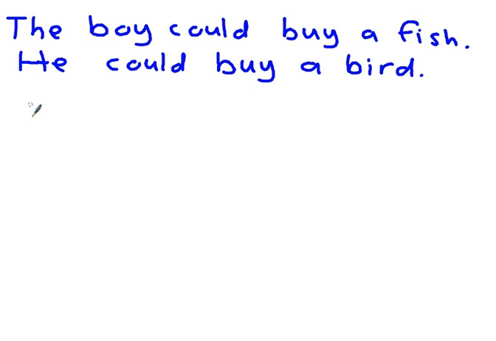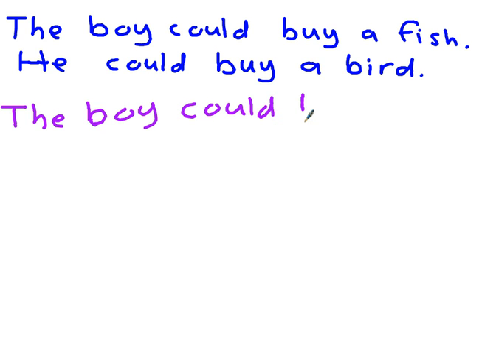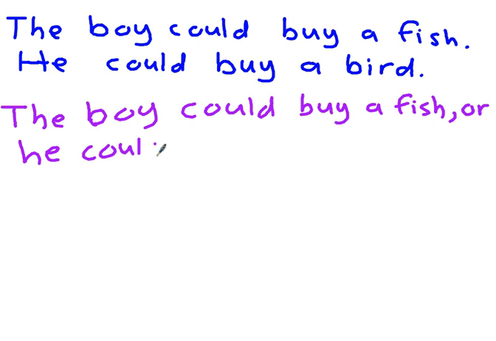I have the boy could buy a fish, comma, or he could buy a bird. This or shows that you basically can only have one.